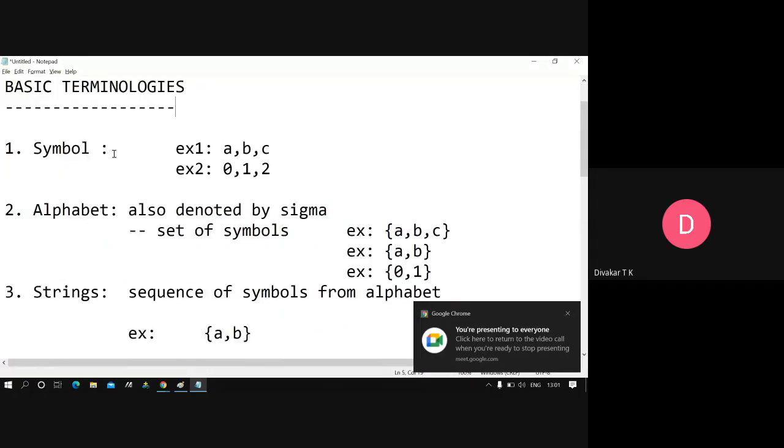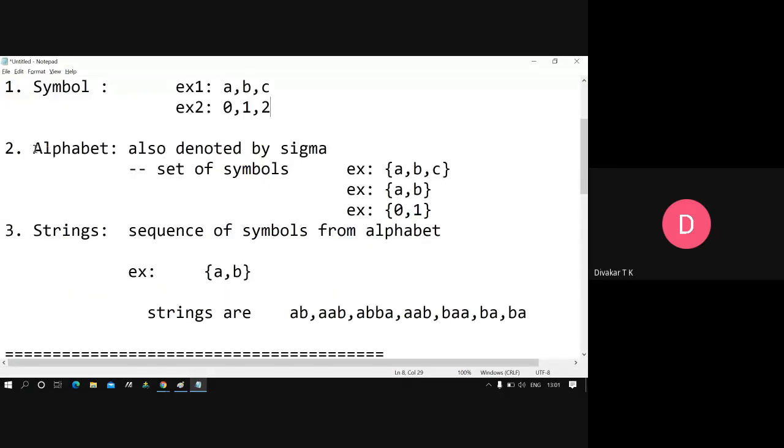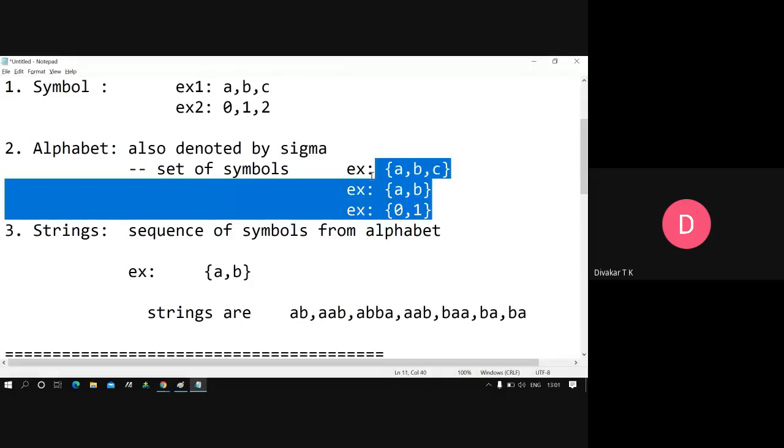We have seen three basic terms. The first is symbol, meaning A, B, C, 0, 1, 2, 3. These are all symbols, guys. A set of symbols we call an alphabet, and we denote the alphabet by sigma.